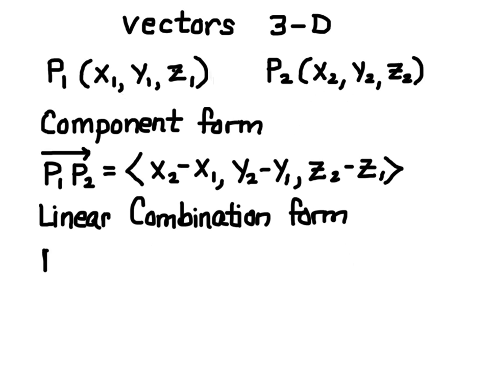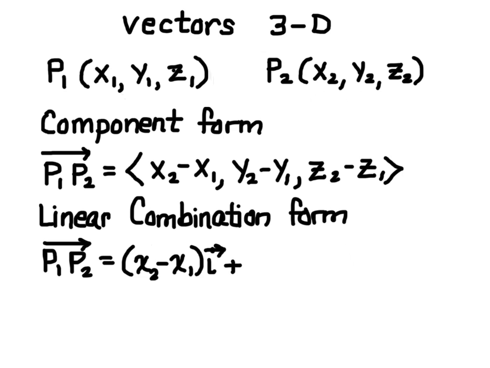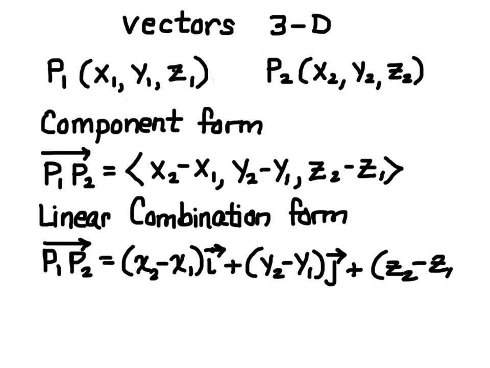So we write the vector from point 1 to point 2 is equal to x sub 2 minus x sub 1 in the i direction, and we put a little arrow over the i, plus y sub 2 minus y sub 1 in the j direction, plus z sub 2 minus z sub 1 in the k direction.